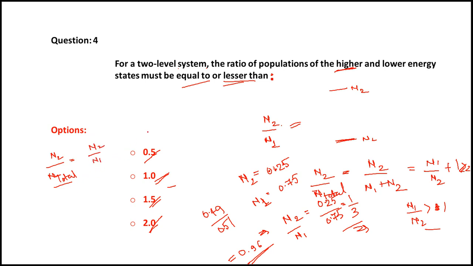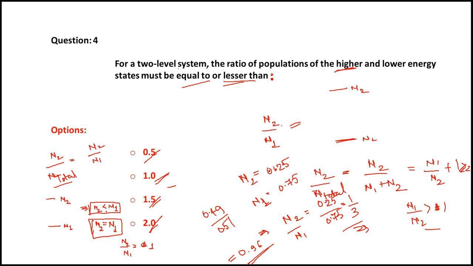If you take the normal condition where n1 is the ground state and n2 is the excited state, in any case the n2 population will always be lesser than n1. And n2 will never be equal to n1 as well, or maybe it can. If n2 is equal to n1, then n2 upon n1 will come to be 1.